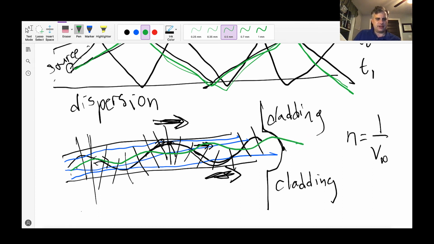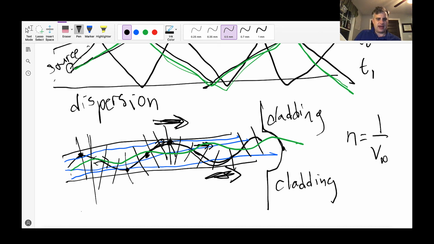and the length along that green line it would travel would still be less than the black line, but the dispersion would be minimized because the black line is traveling faster over here at its extremities than it is in the middle.